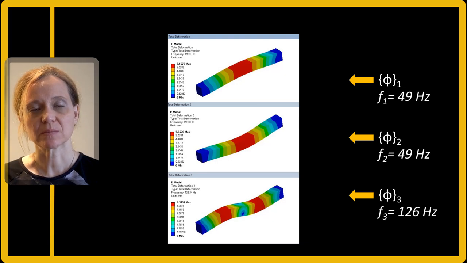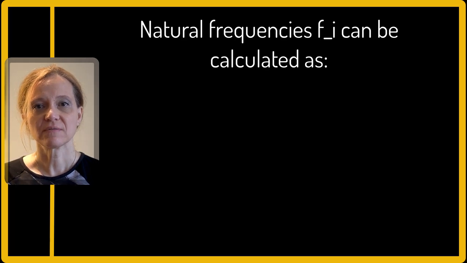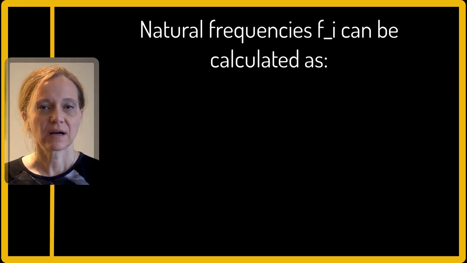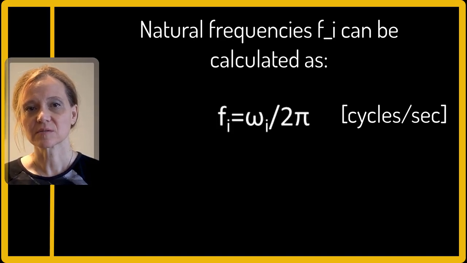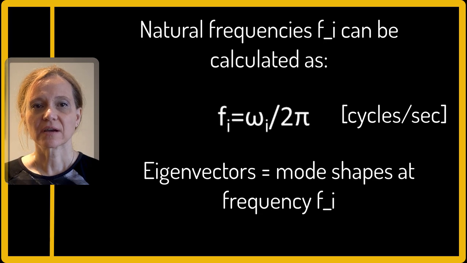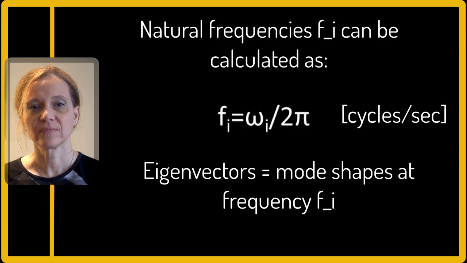If the beam displays a mode shape of a full sine wave, it would be vibrating in mode 3. Natural frequencies f_i can then be calculated as f_i equals omega_i over 2 pi, in cycles per second. The eigenvectors represent the mode shapes obtained when the structure is vibrating at frequency f_i.